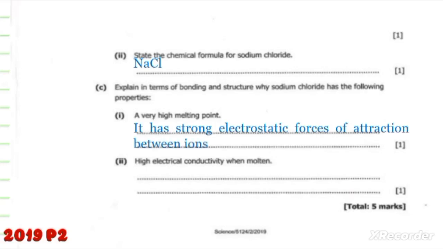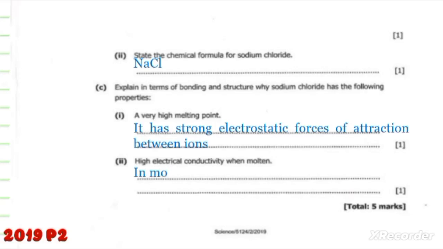Therefore, to break down these electrostatic forces of attraction, a high melting point is needed. The next question, question C, Roman numeral 2, high electrical conductivity when molten.